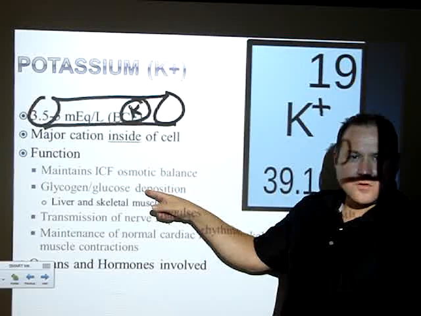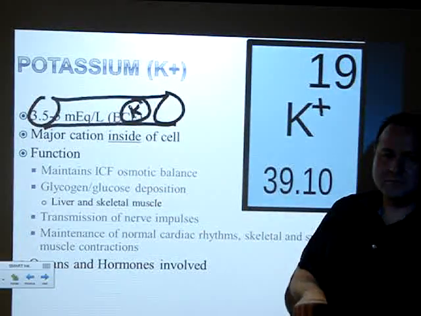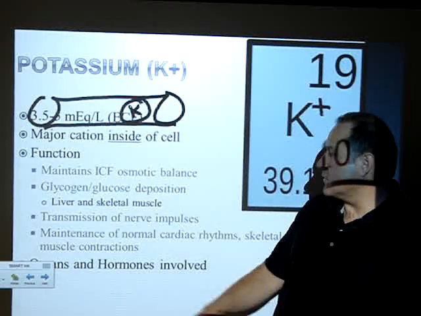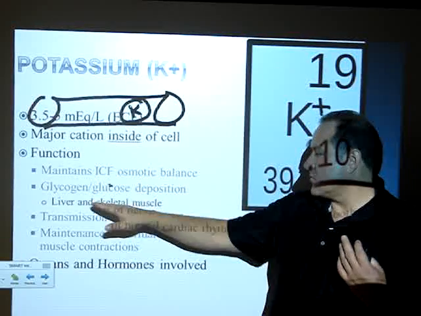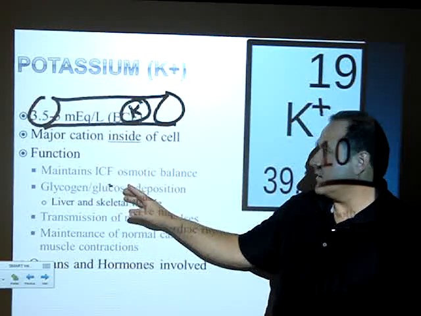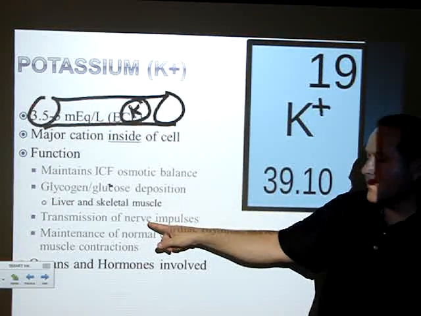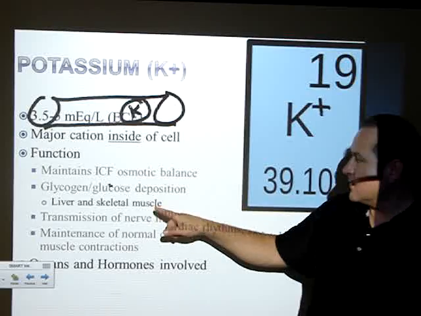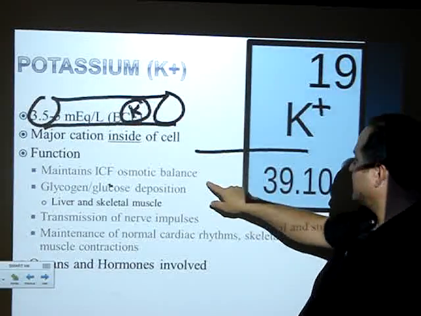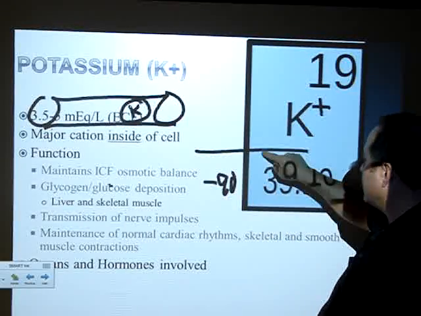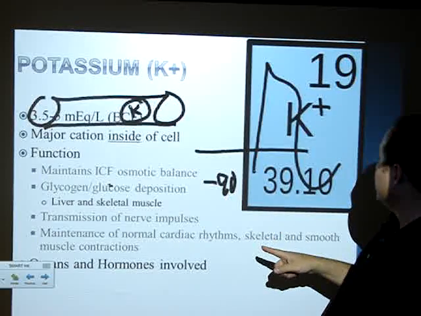It also does glucose and glycogen deposition. Okay, so that's a little bit different. I guess we really haven't talked about that before. Glucose, glycogen, sugar, okay, is just being stored in your liver and skeletal muscle, and that has a lot to do with potassium also. Okay. We already know about transmission of nerve pulses because when we had our action potential, right, we had the sodium going up on this part, and then we had something coming back down.